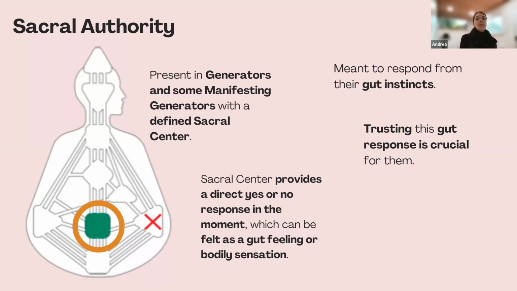They don't have to wait the 24 hours like the emotional authority. People with a sacral authority can often just trust that gut instinct. Sometimes it's "I don't know yet," and that can happen too. But usually they'll get that gut instinct right away, like, oh yes, I want to do this, or no, this isn't a good idea, and it's encouraged that they trust that.